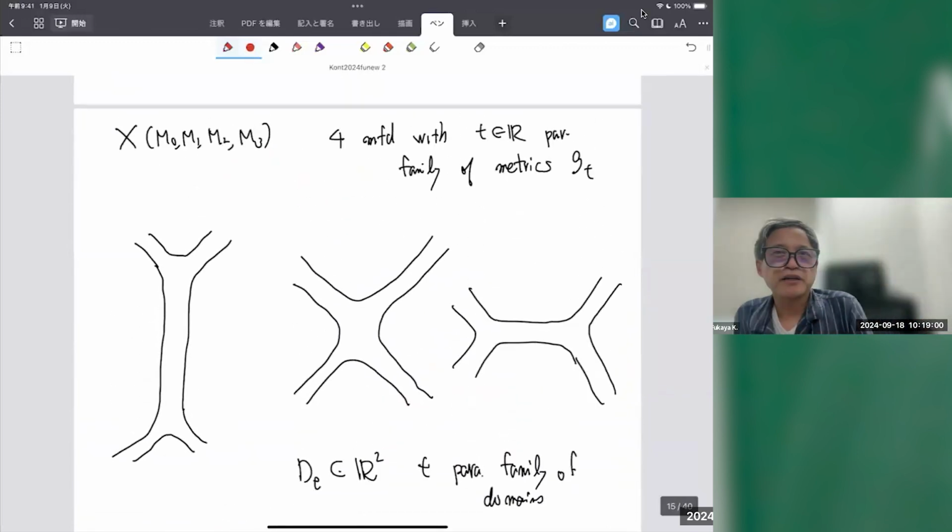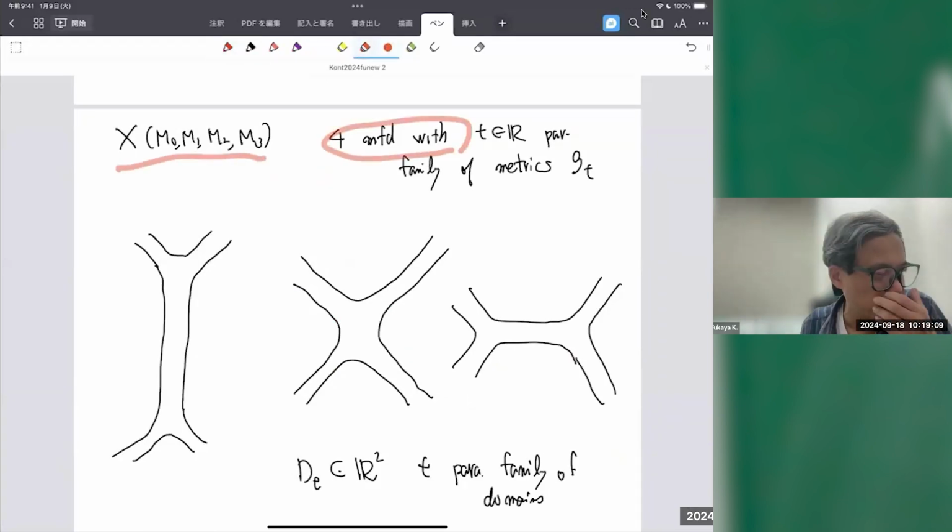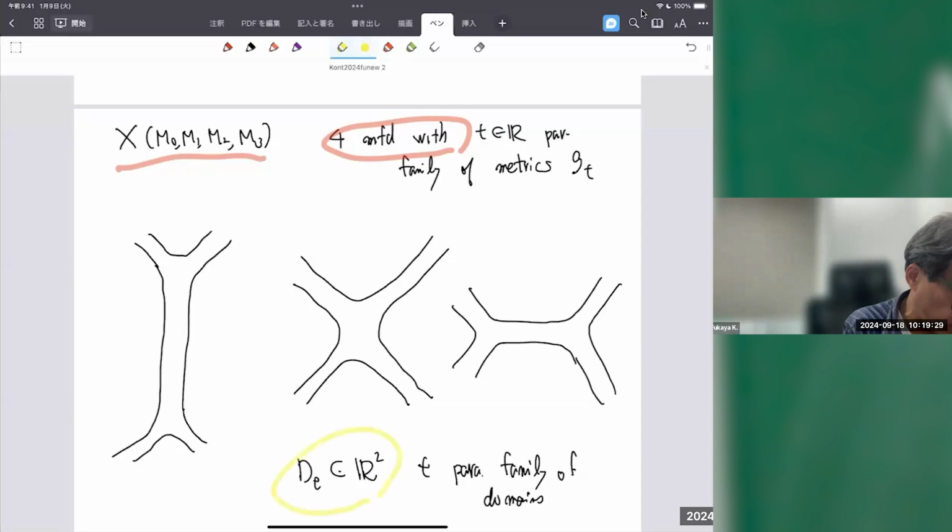To define higher operations, we consider four manifolds. So you have M0, M1, M2, M3, whose boundaries are all sigma. Then we consider the four manifold together with a one parameter family of Riemannian metrics, g_t. To cook up such a four manifold, we proceed in a very similar way. We first take a one parameter family of domains in R2.